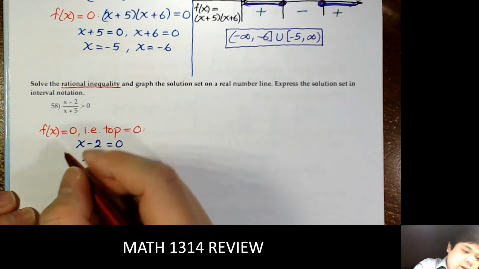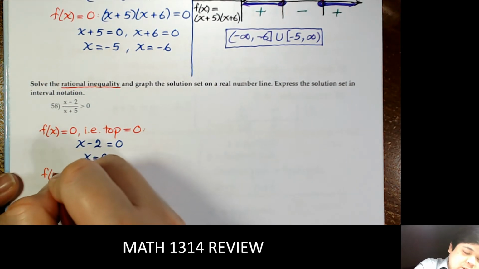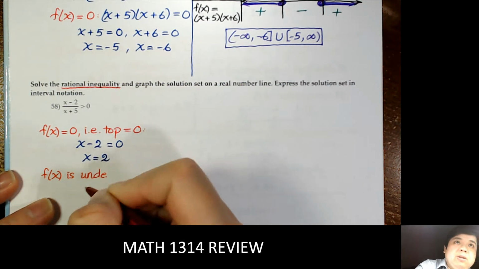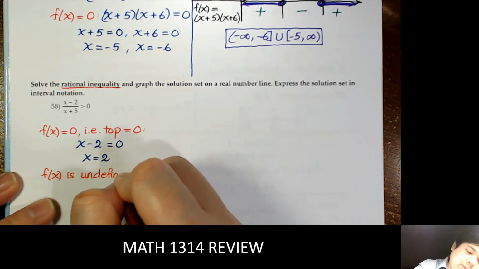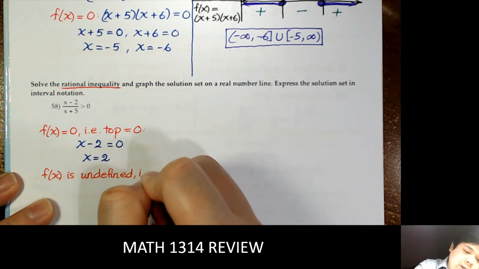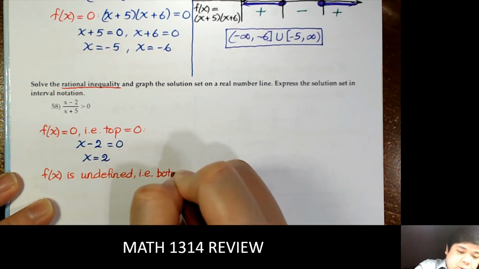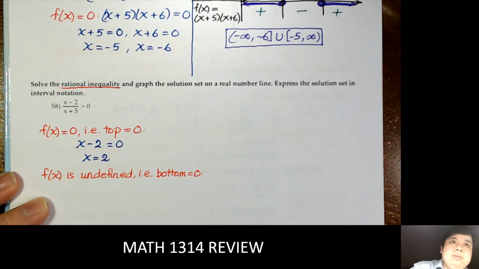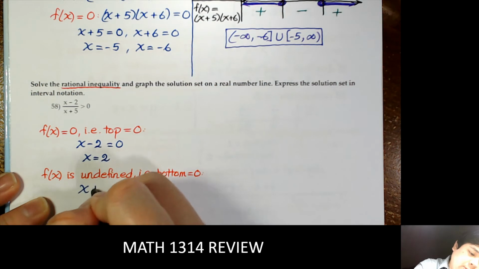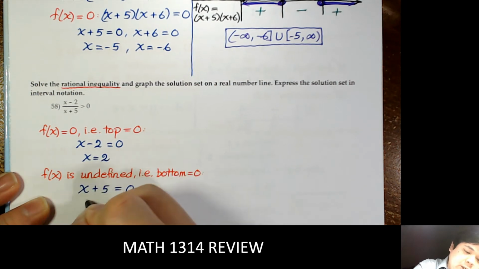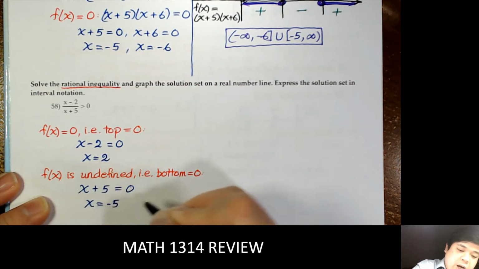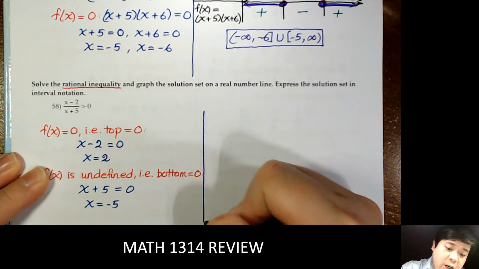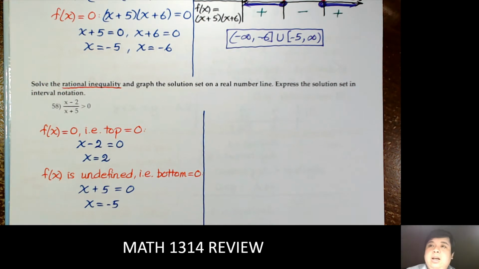And then we let the bottom equal to 0. That's where the function is undefined. That means where the bottom is equal to 0. So x equal to negative 5. So we find where the function is equal to 0 and where the function does not exist.